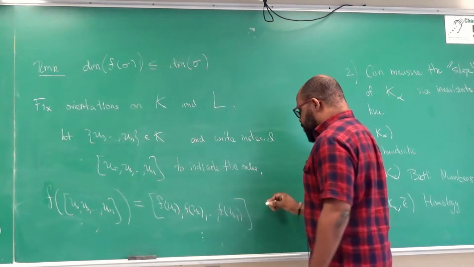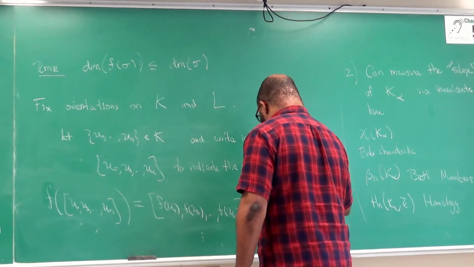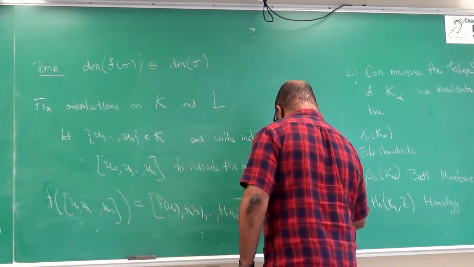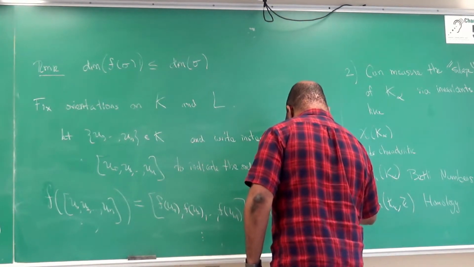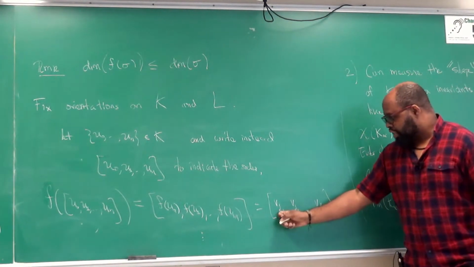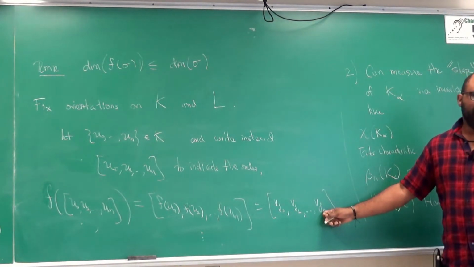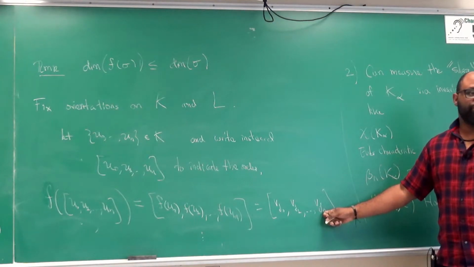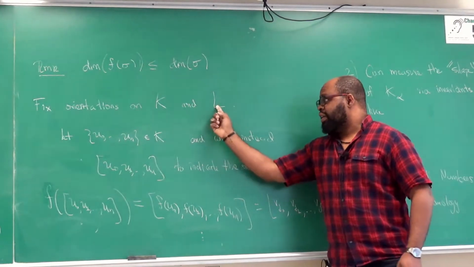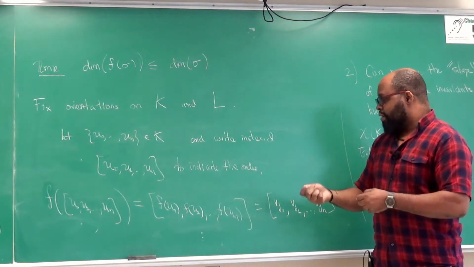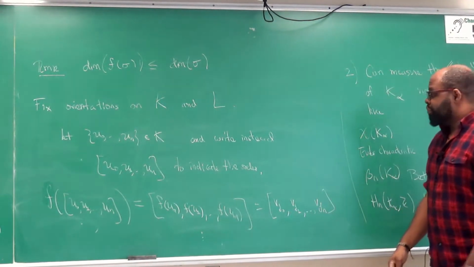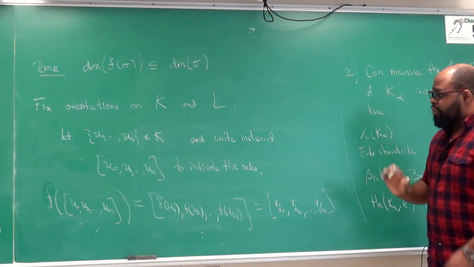So this may be some sort of VJ0, VJ1, VJN, and the J's, again, J0 through Jn, do not have to be in order. In other words, the orders between L and K do not have to be compatible with the simplicial map F. Okay? So that's the first observation.